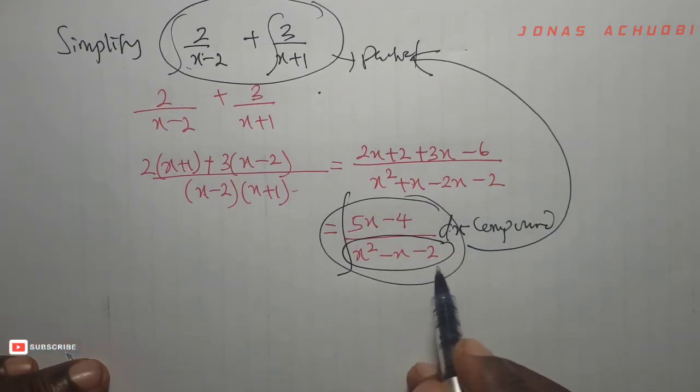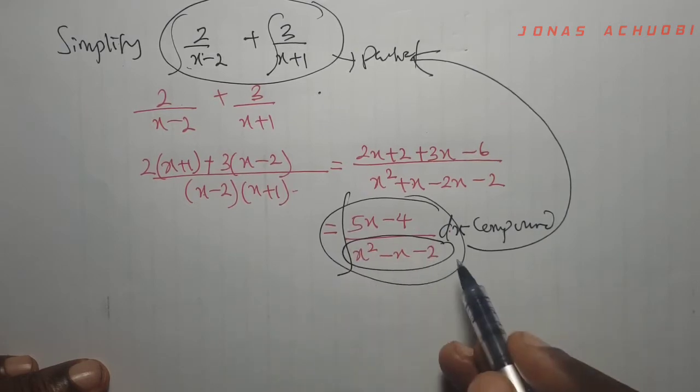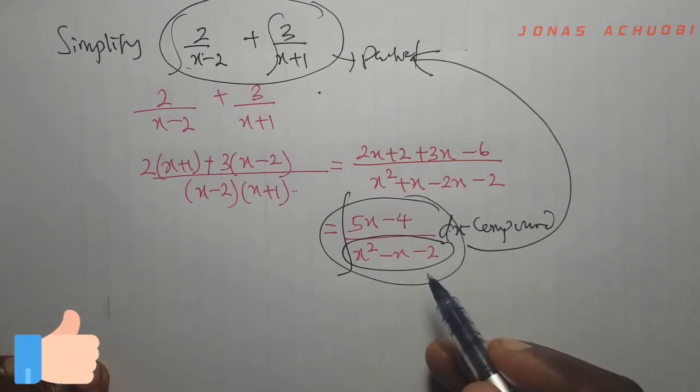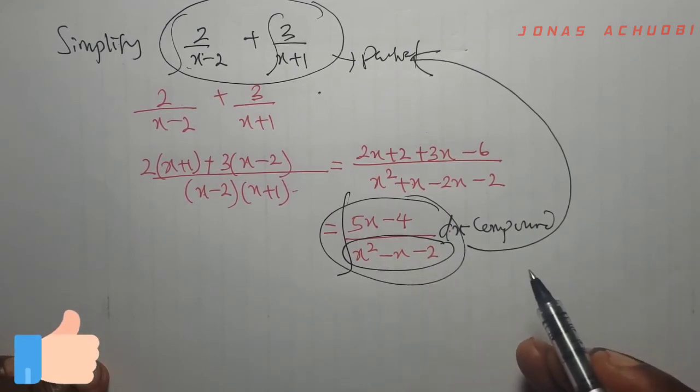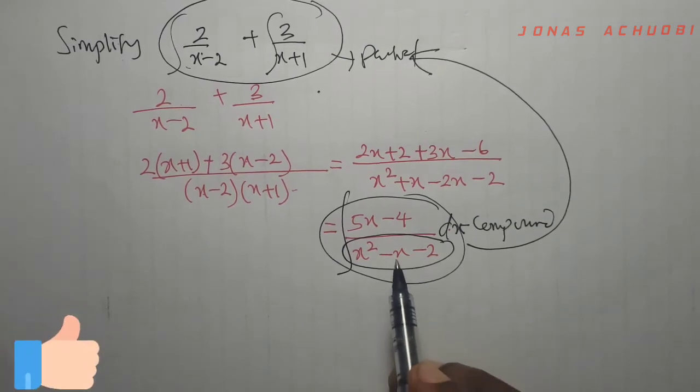That is to say that the nature of the denominator of your compound fraction determines how you resolve the compound fraction into partial fractions. And of course, there are three distinct cases that can be treated depending on the nature of the denominator. We shall take these cases one after the other.